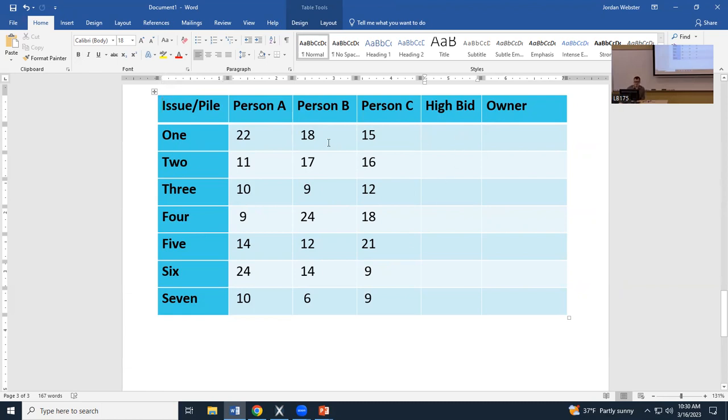Okay, so let's go ahead. Highest bid wins. On this first pile of goods, highest bid is person A. On the second pile of goods, it looks like person B is the highest.